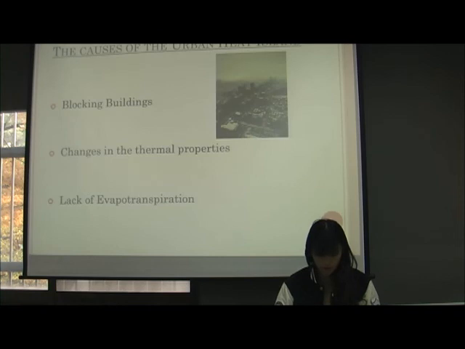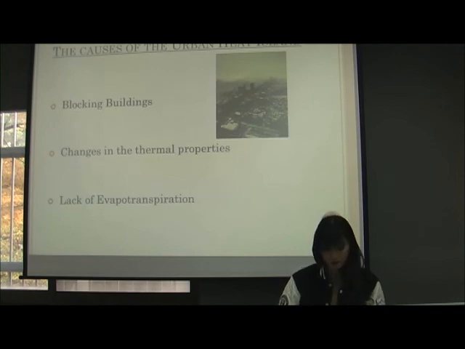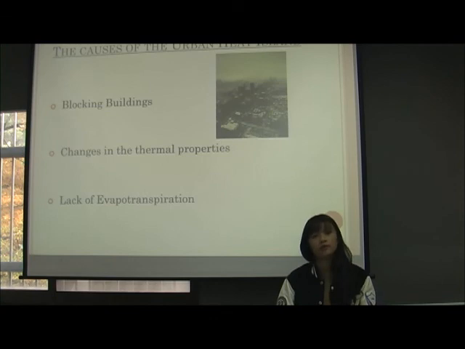Materials commonly used in urban areas for pavement and roofs are such as concrete and asphalt, and this causes a change in the energy balance of the urban area and often leads to higher temperatures than surrounding rural areas.